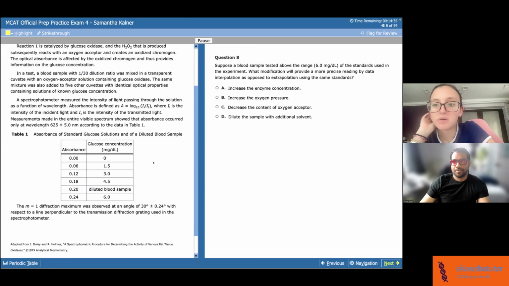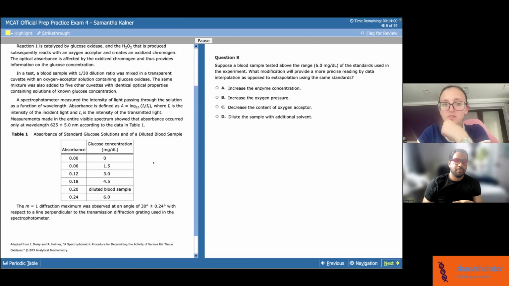Suppose a blood sample tested above the range of the standards used in the experiment. What modification will provide a more precise reading by interpolation, as opposed to extrapolation, using the same standards? When you take blood, you measure the O2 levels, like in a hospital setting, so I'm assuming it's something to do with oxygen.